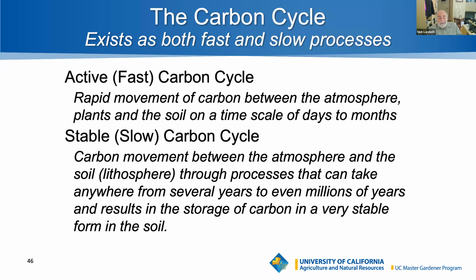Organic carbon protected in these ways can exist in the soil for years to centuries. Once this protection is lost, or oxygen is introduced into the soil, the carbon enters back into the active cycle and can be released as carbon dioxide. Think of all the organic material from millions of years ago that has been transformed into fossil fuels, such as oil and natural gas. This is an example of the stable carbon cycle.